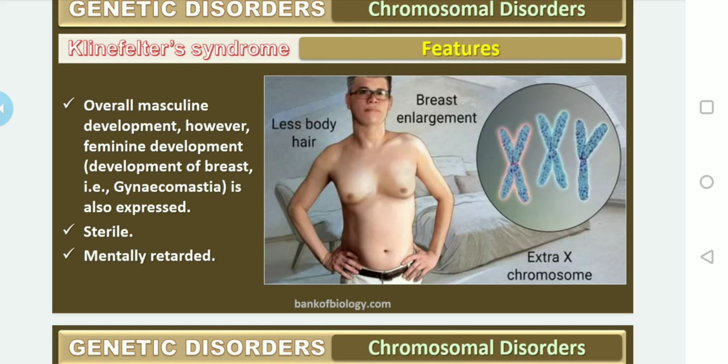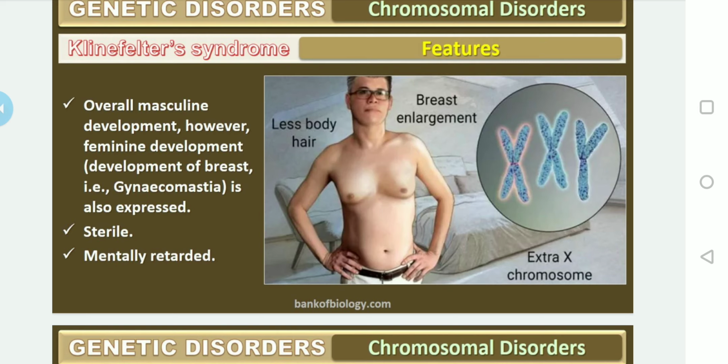Remember, very important, note down: overall masculine development, however there is also feminine development. So they show a tendency towards female characters, like enlargement of the breast, called gynecomastia.